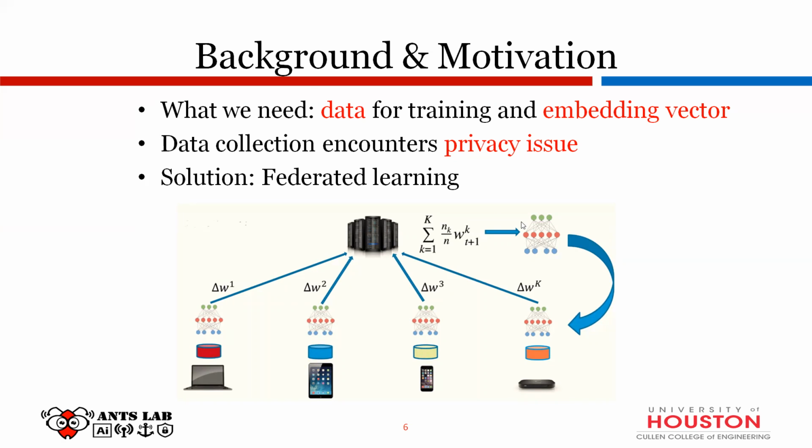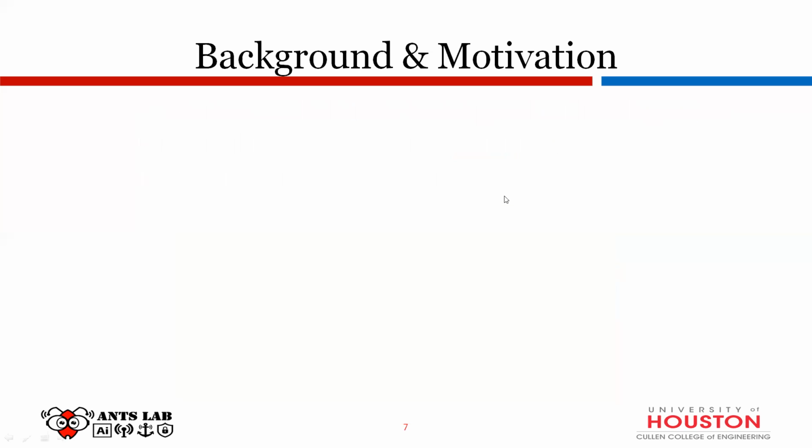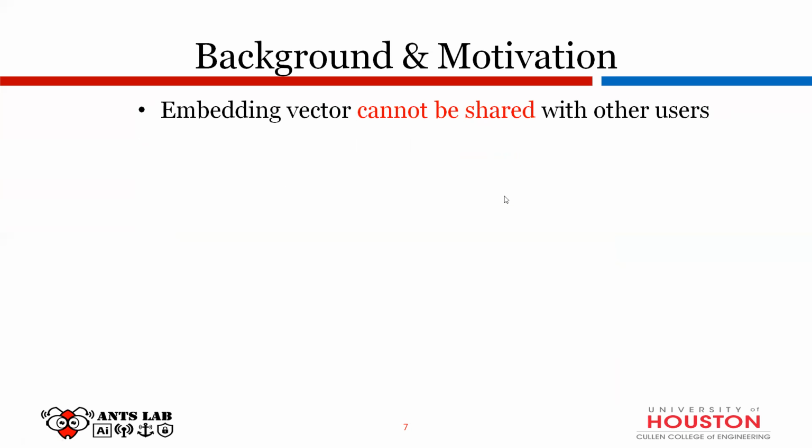So the other challenging part is the embedding vectors, because embedding vectors cannot be shared with other users. In general federated learning cases, a lot of the classifiers use public general classifiers. So, like for image classification, we have car and cat and dogs, which are already public.